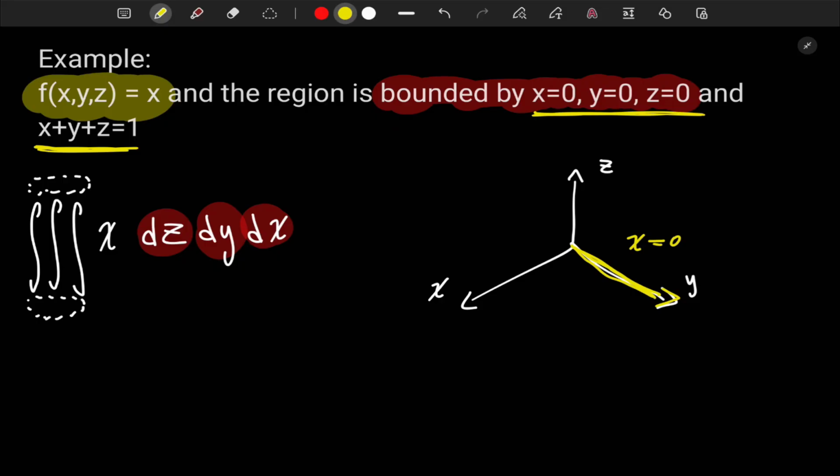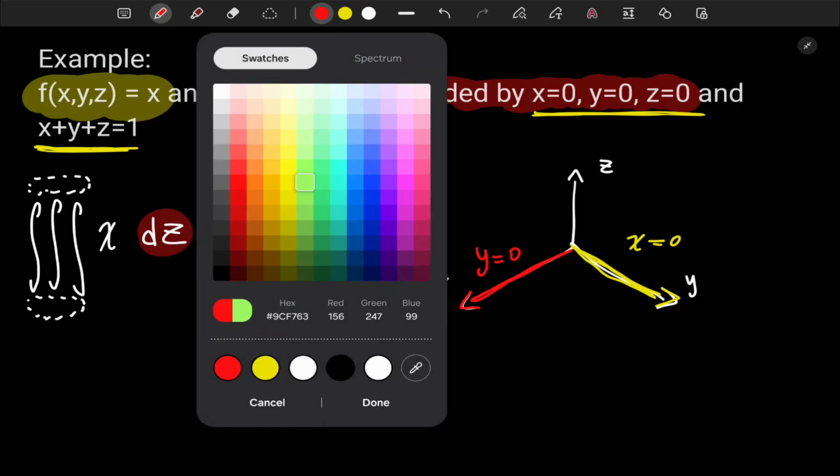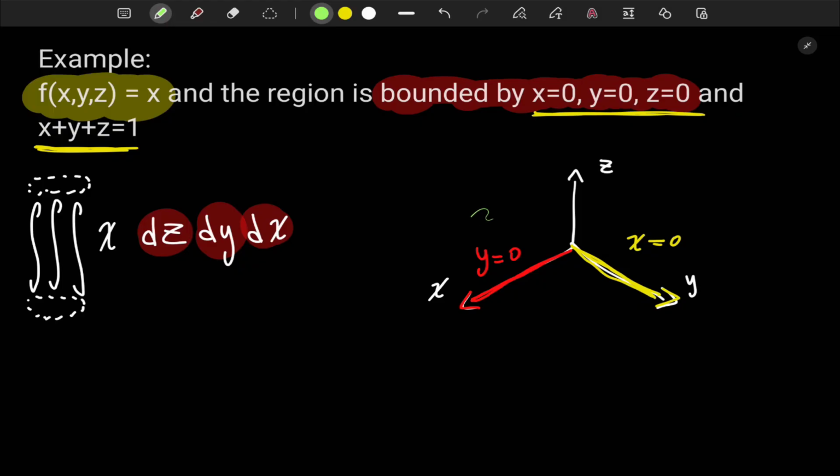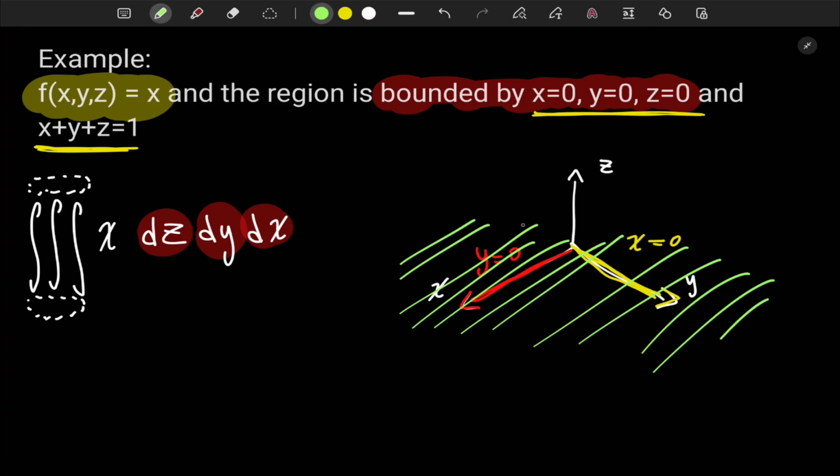And y equals 0 is basically the x-axis. And z equals 0 is the entire region right here, because everywhere we go here on the xy plane, the value of z is 0.